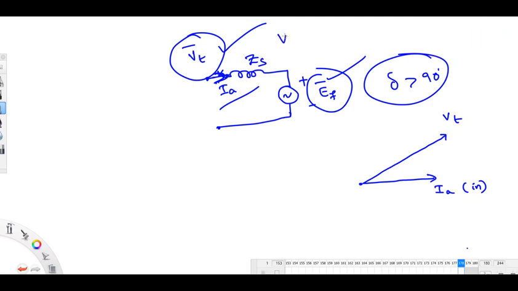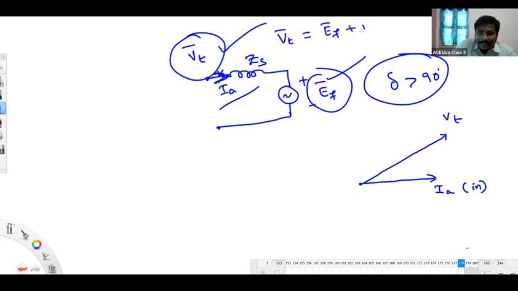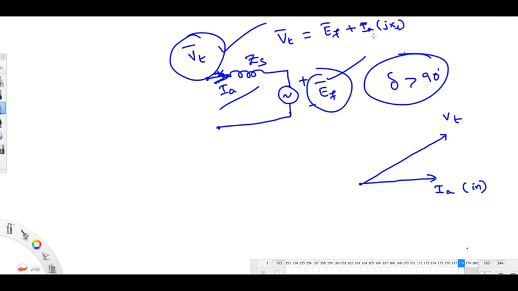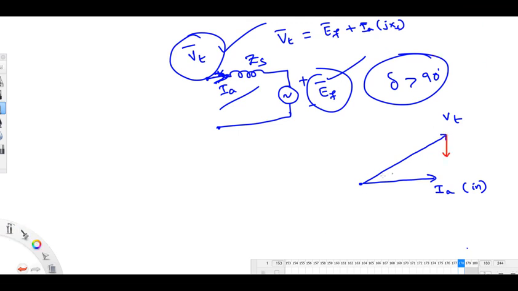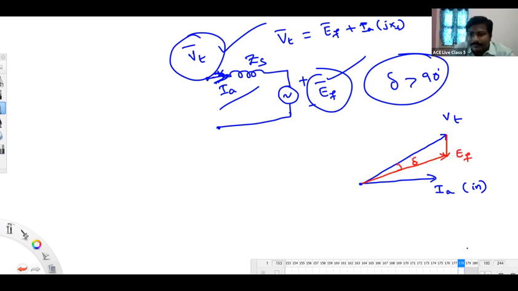VT bar equals EF bar plus IA bar into ZS bar. So from that you should subtract IA into JXS. That IA into JXS will be in the downward direction because it is negative. So this is your EF, and this is your delta angle.